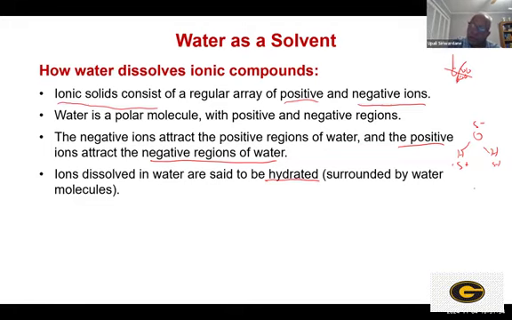For example, a sodium ion is surrounded by water with the oxygen end facing the positive ion. For negative ions like chloride ion, the arrangement is opposite, where the hydrogen end is towards the anion.